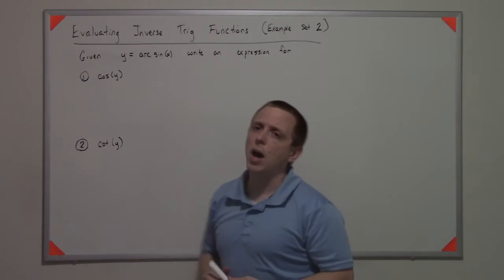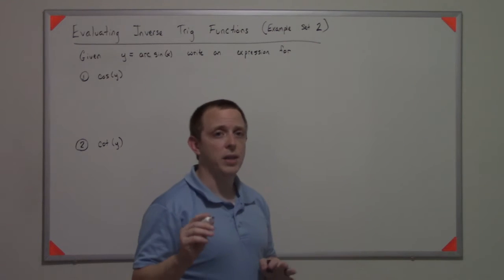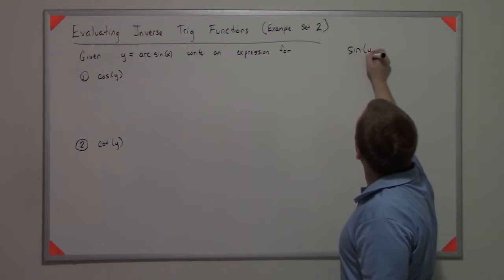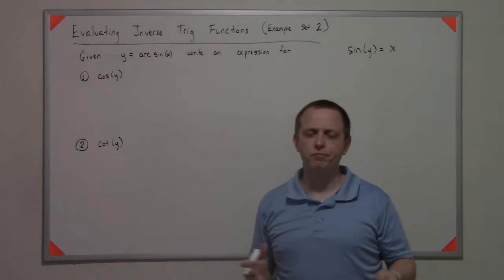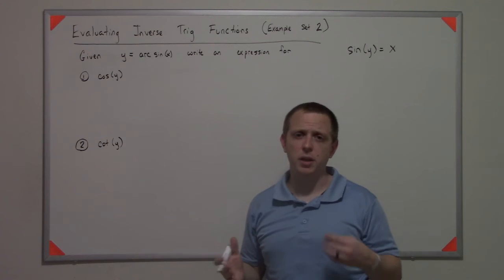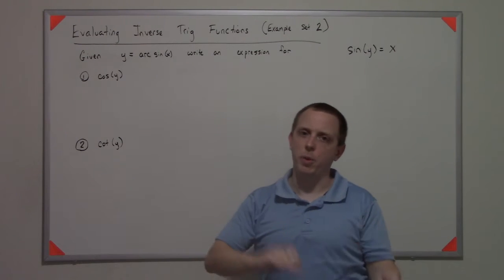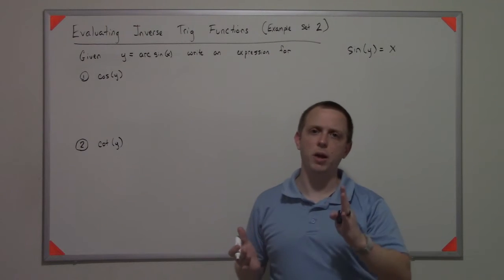If I know that y equals arcsine of x, what I know then is that sine of y equals x for some restricted values, right? y has to be restricted from negative pi over 2 to pi over 2. And that's okay because we're dealing with a triangle.